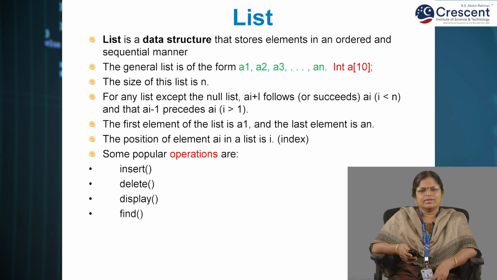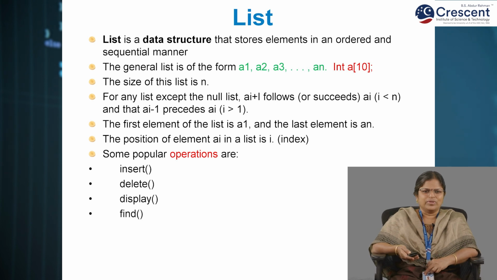If you take the list linear data structure, this is nothing but like your array. It is not a new concept; it is like your array declaration. For example, int a[10], where a is an array, otherwise you can call it a list. A list of 10 integer numbers, otherwise an array of 10 numbers.